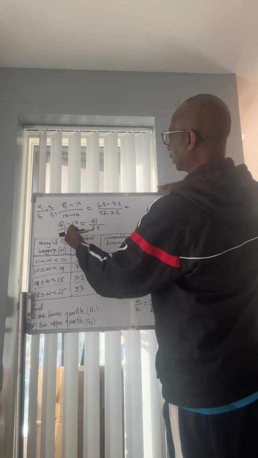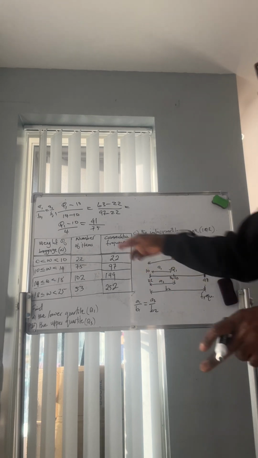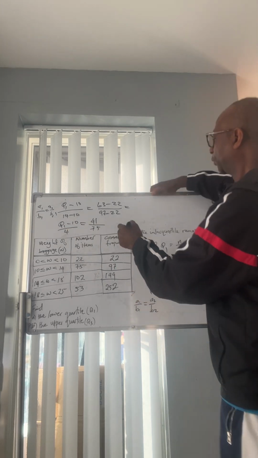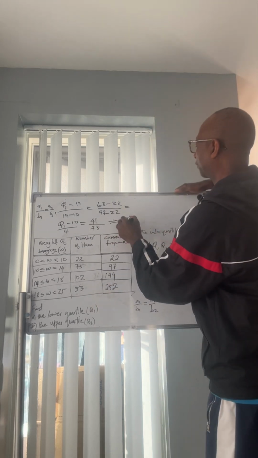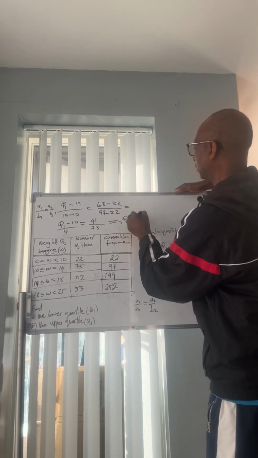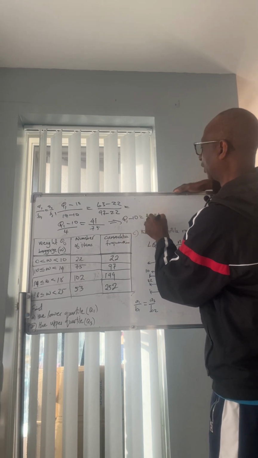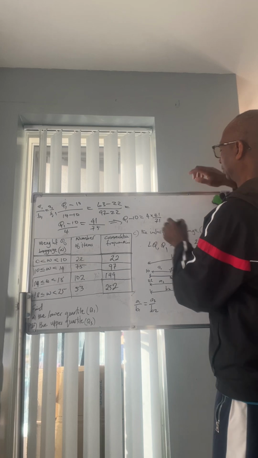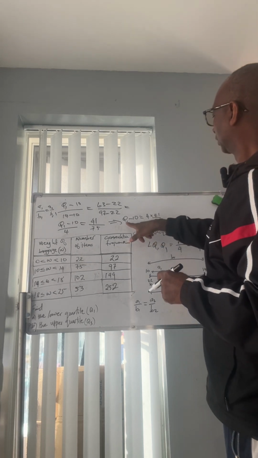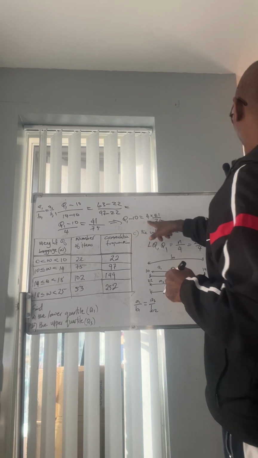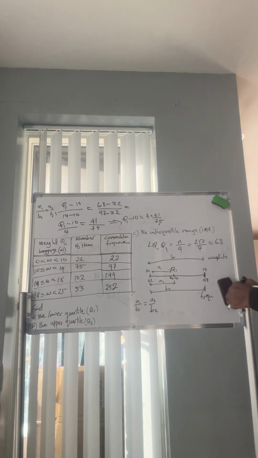Okay? So this is now a simple equation to solve. We want to find Q1. So we will now have Q1 minus 10 equals 4 times 41 all over 75.